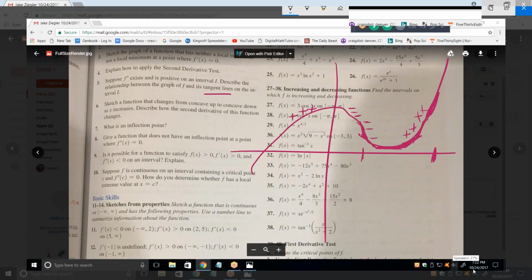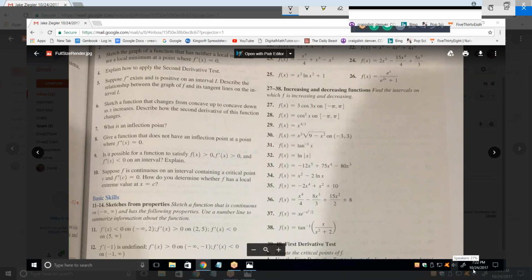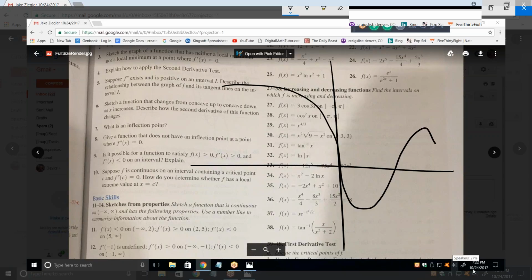Okay. Next question, I can use exactly the same curve. Well, let's change it a little bit. They said sketch a function that goes from concave up to concave down as x increases.